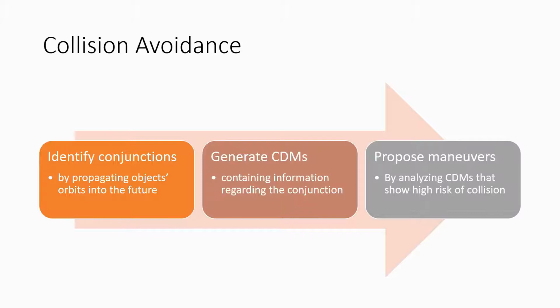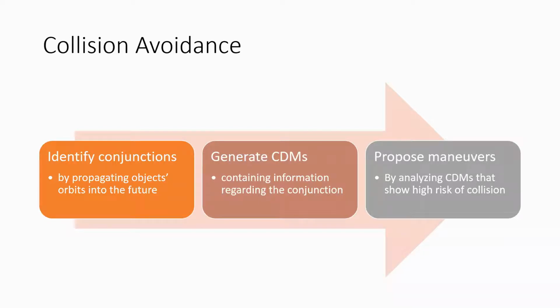Such an event, where they pass very close to each other and are at a risk of colliding with each other, even if that risk might be minuscule, is known as a conjunction. Now, conjunctions are usually determined by using the orbit prediction that I mentioned before. So orbits are propagated into the future, and that's how we know if something is going to pass, if two things are at a risk of colliding.